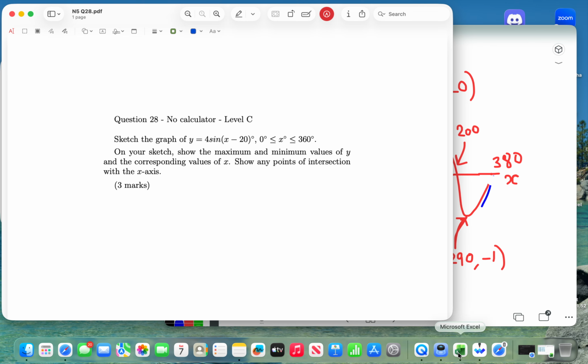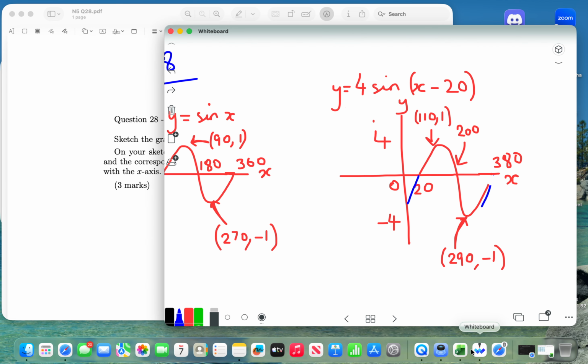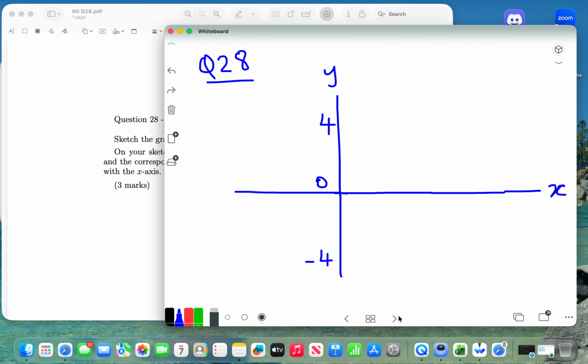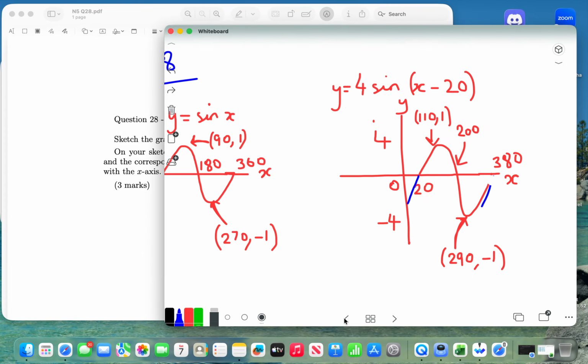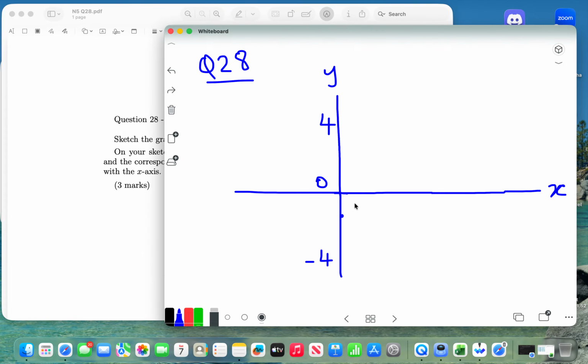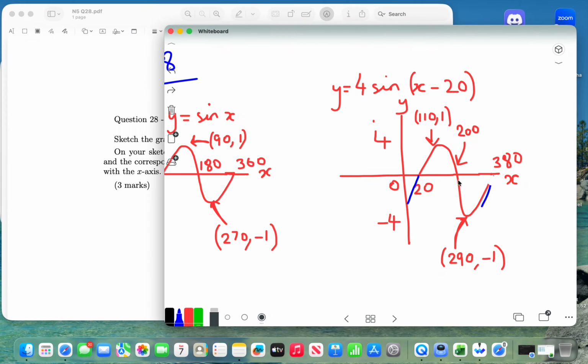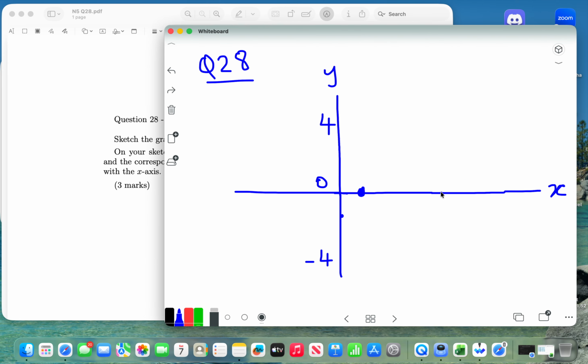So what we're going to do is start here and then go up. Let's mark this point in as 20. Then that's 200, but we don't include 380 because it's outside of the range that we have to sketch for.